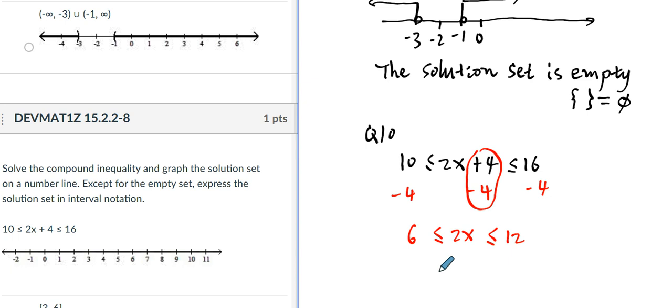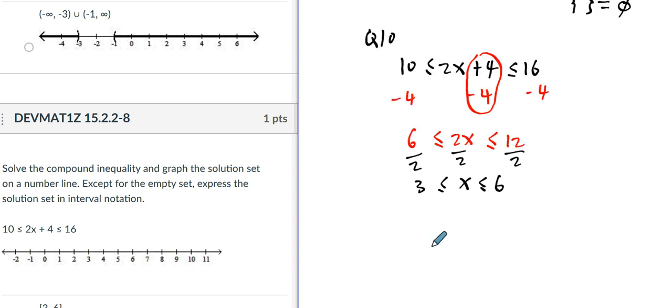So we then divide everywhere by 2. This will give us x in the middle. Right-hand side is 6, left-hand side is 3. Well, you may draw the picture. That is fine with me, but you don't really need that.